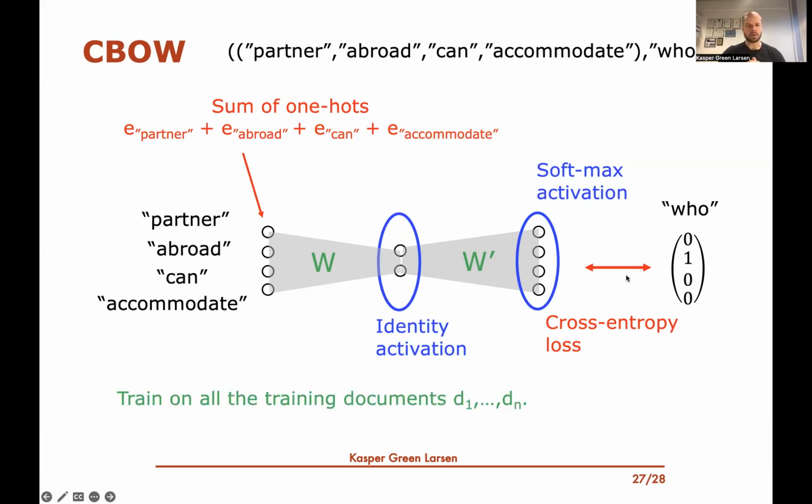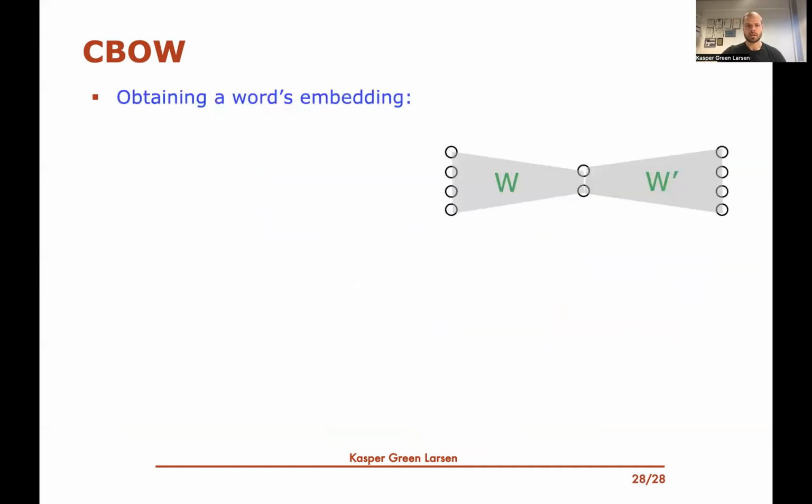We're going to train this on all the training documents. We scan through all the training documents, and for every word we take the context window around it and generate one training sample, and just train this neural net. And the way we train it is using mini-batch stochastic gradient descent, like we always do in these cases.